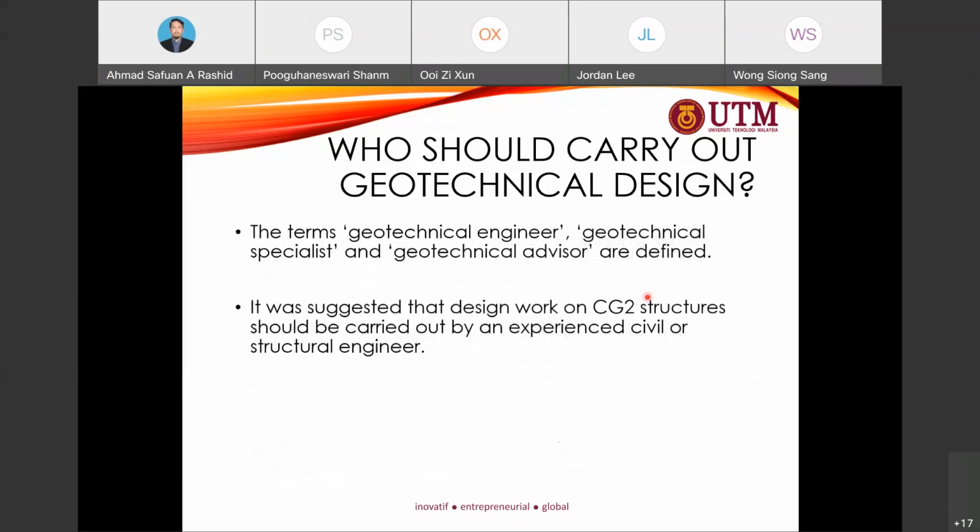The terms geotechnical engineer, geotechnical specialist and geotechnical advisor are defined. It was suggested that design work on GC2 structures should be carried out by an experienced civil or structural engineer. So that is compulsory for GC2.